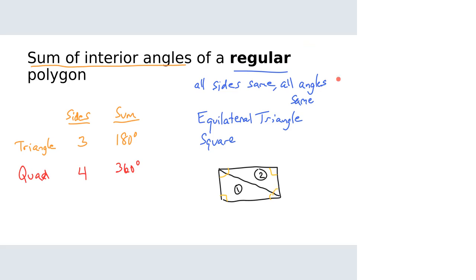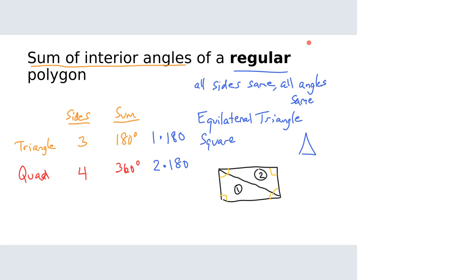So what I've got here is 2 times 180. The triangle just had 1 triangle in it. That was 1 times 180. We didn't write it down that way because we just went with the fact that there's 180 degrees when we add them up. But 1 times 180 gave me the sum of the angles inside a triangle. And 2 times 180 gave me the sum of the angles inside a quadrilateral.